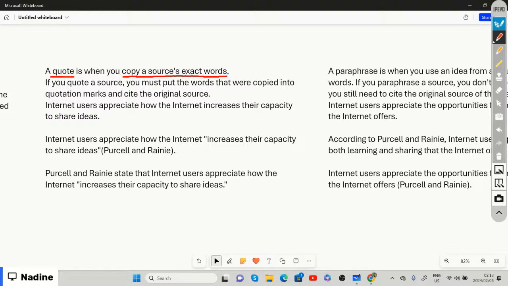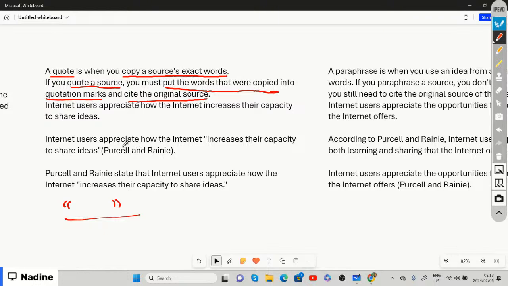Exactly directly how the writer said it. So you copy that. And if you quote a source, you need to put those copied words into quotation marks, and cite the original source.